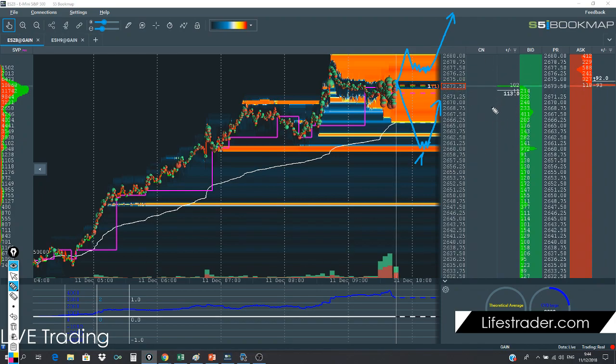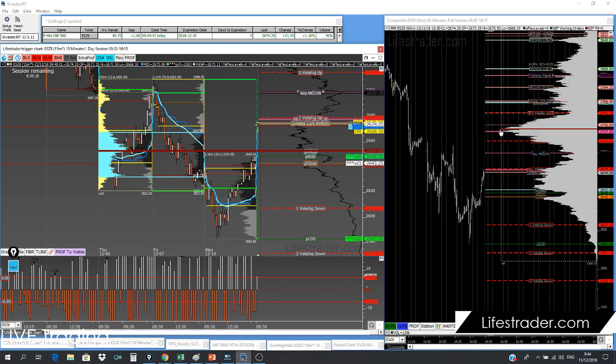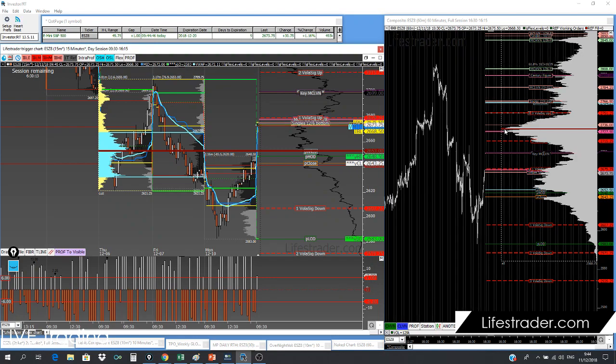into the macro composite POC, 27.30. I will show you that here, 27.27. That area is a nice target for the long side.